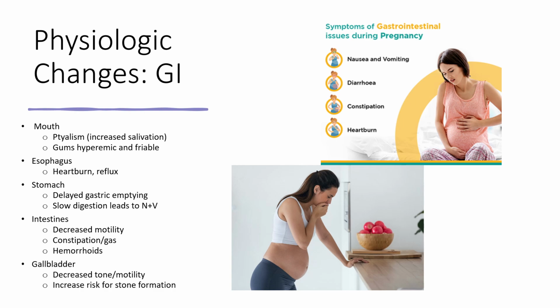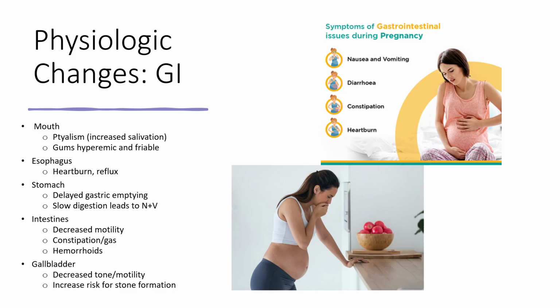Ptyalism is increased salivation, so that may be happening in the mouth. The gums may be friable, really at risk for bleeding, and also at risk for developing gingivitis. Because the baby is growing and pushing on the esophagus, patients a lot of times will experience heartburn and reflux, especially if they eat a lot of spicy food.